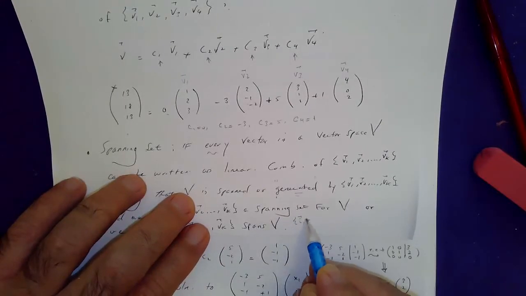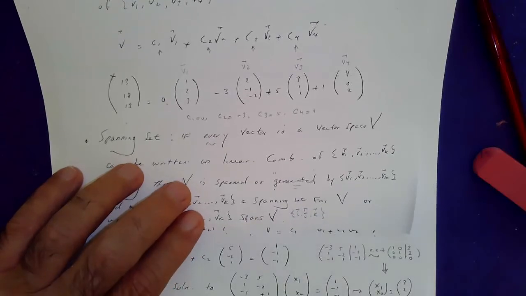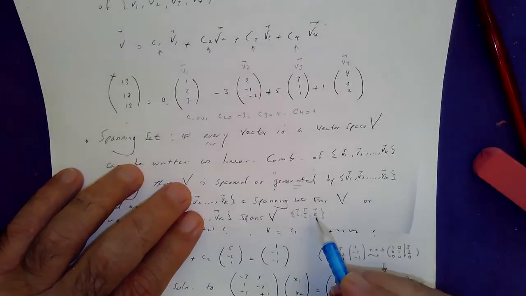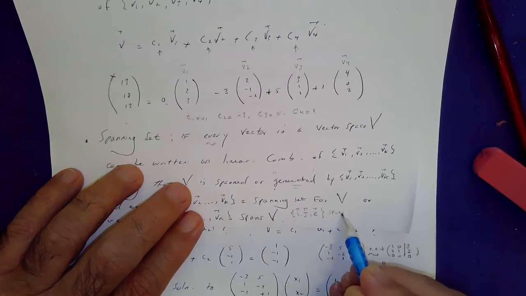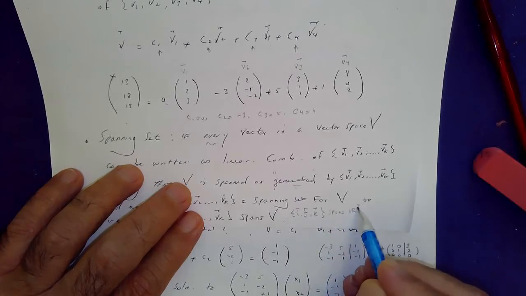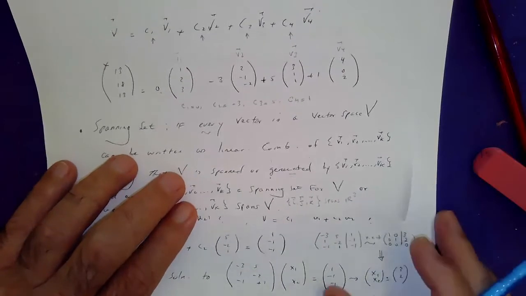Case in point, I would say that the i, j, and k vectors, remember those were the special unit vectors in the positive x, y, and z directions respectively, span R3. Why would I say that?